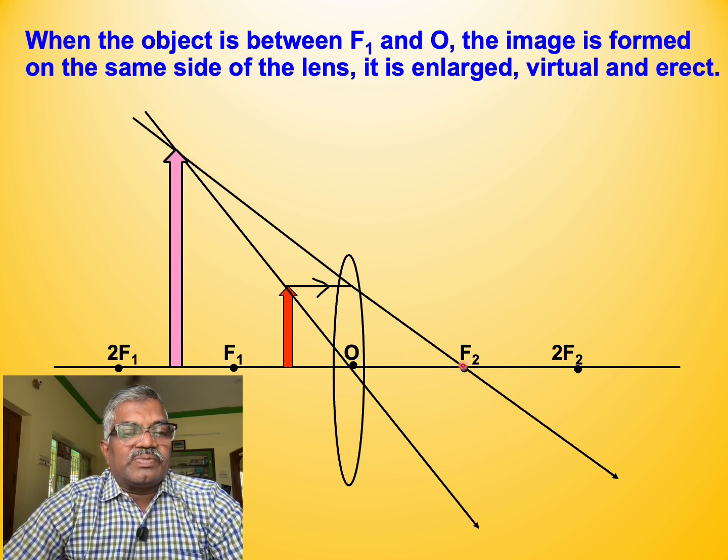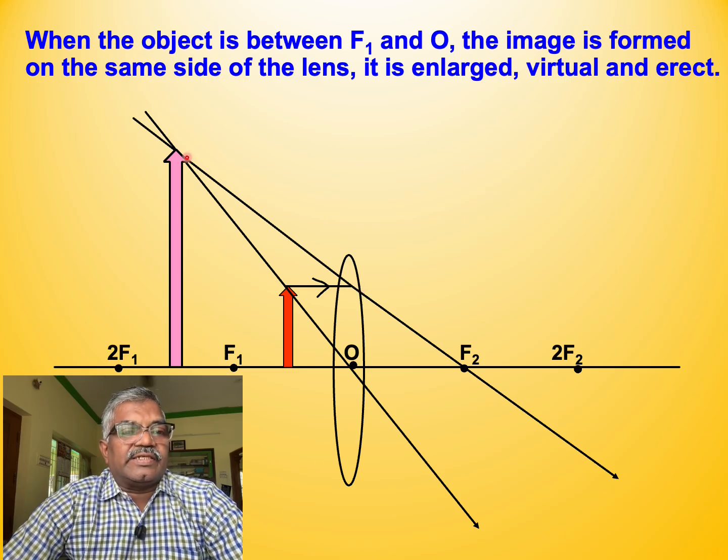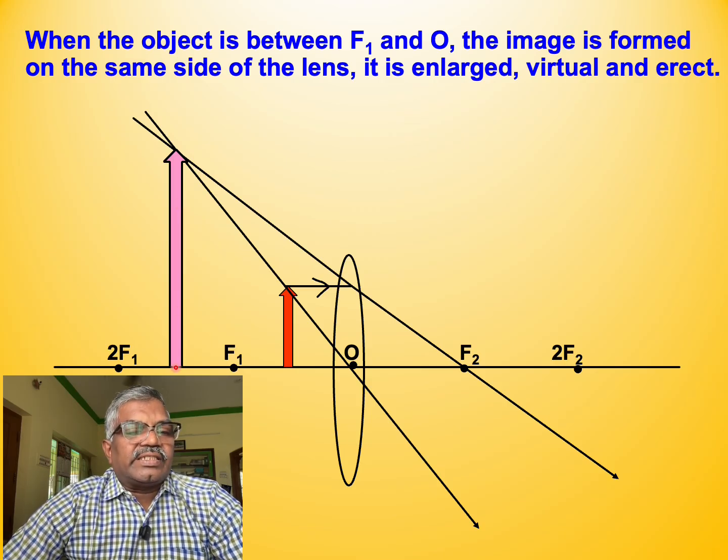So, they appear to meet on the same side of the object. See here. This image is erect, enlarged and virtual. So, what is a virtual image? For a lens, the image is obtained on the same side of the object.